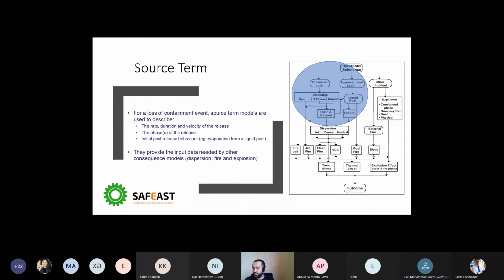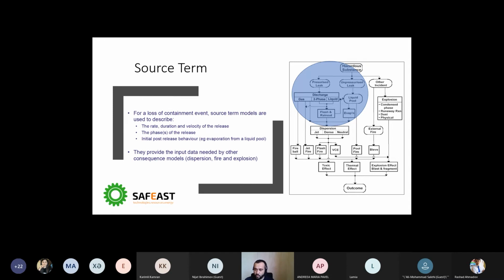So basically, by doing source term modeling, you get your required info to be used as an input to the consequence modeling. Once you do your calculation, you identify your rate, your duration, your velocity, your phase, your cloud behavior.